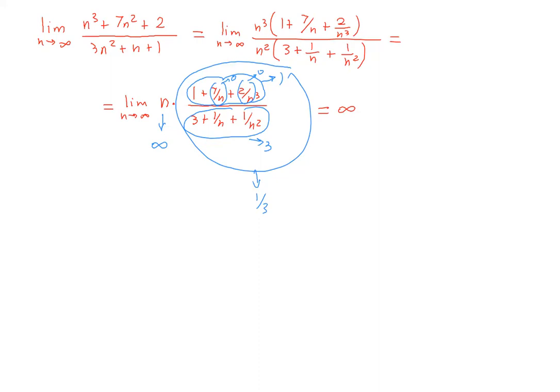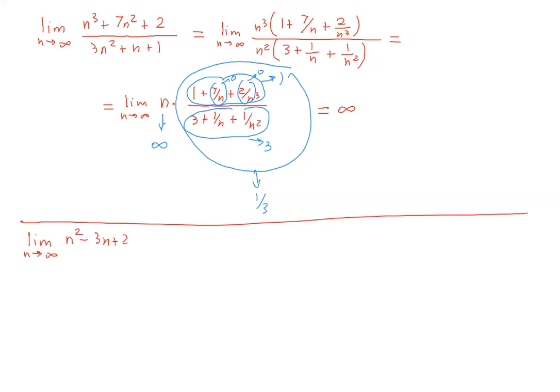The situation is even simpler if the degree of the denominator is greater than the degree of the numerator. So let's look at such an example. Let's say that we have the limit as n tends to infinity of n squared minus 3n plus 2 over n cubed plus n plus 1.